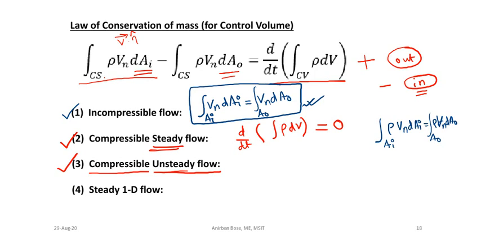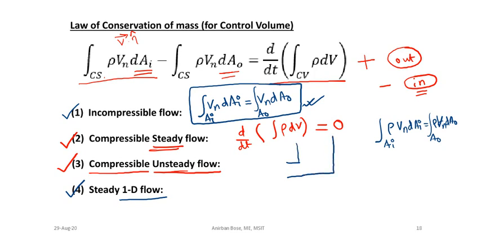Okay, so now coming to the last one, that you can see, steady 1D flow. So let us understand what we mean by 1D flow. 1D flow means, let us consider this is the inlet to a control volume.